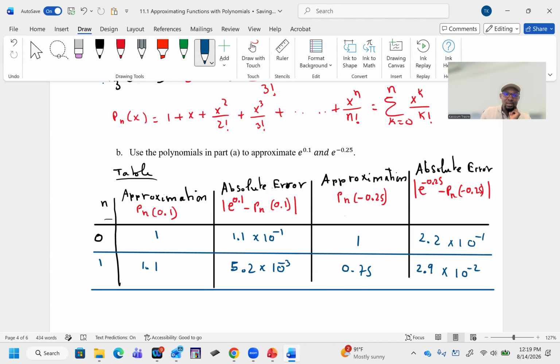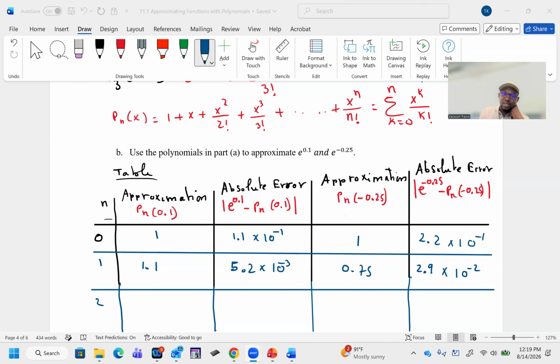Let's keep doing until, when n is 2, we have, if you understand the step, you can just speed this video and skip this part.